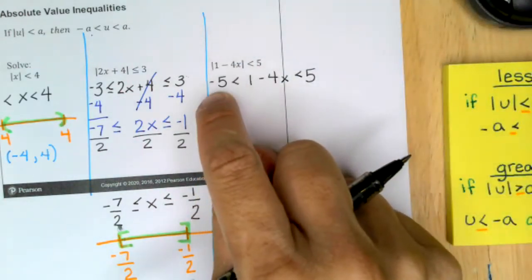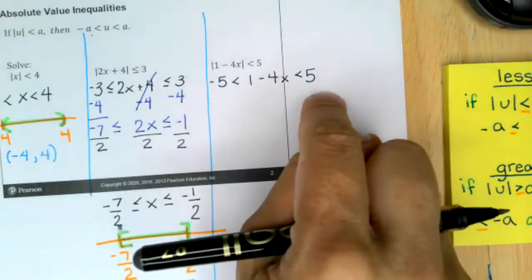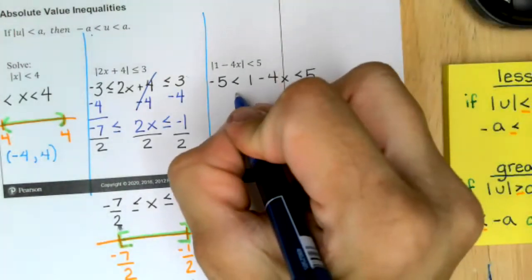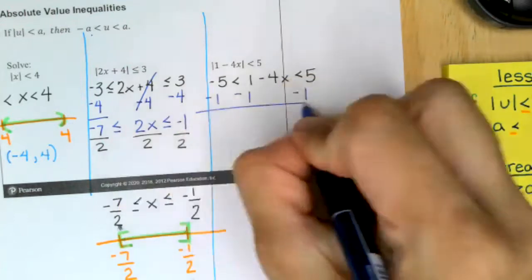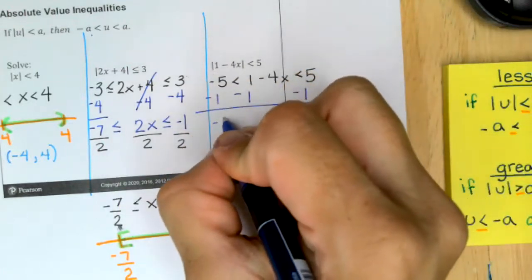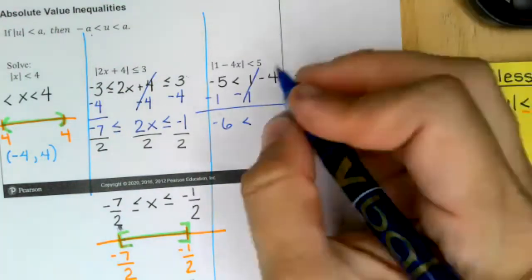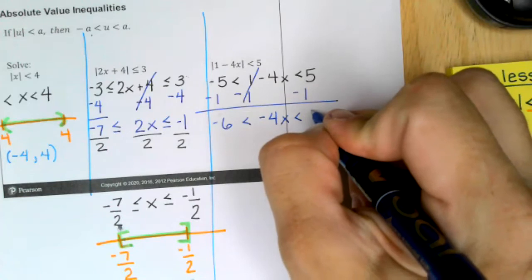Now I'm going to solve. I'm going to subtract 1 everywhere. Negative 5 minus 1 is negative 6. That cancels. Negative 4x. And this is 4.